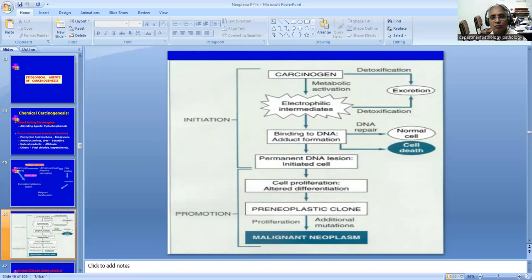If this DNA is repaired, the cell becomes normal, or maybe undergoes cell death. But if there is a permanent DNA lesion, there is initiation in the cell, leading to cell proliferation and altered differentiation, which produces a pre-neoplastic clone. On promotion of the pre-neoplastic condition, there is proliferation and ultimately malignant neoplasm formation.